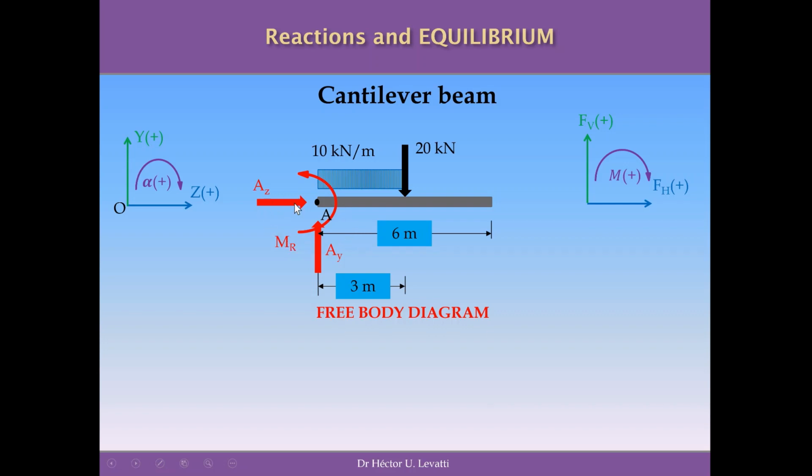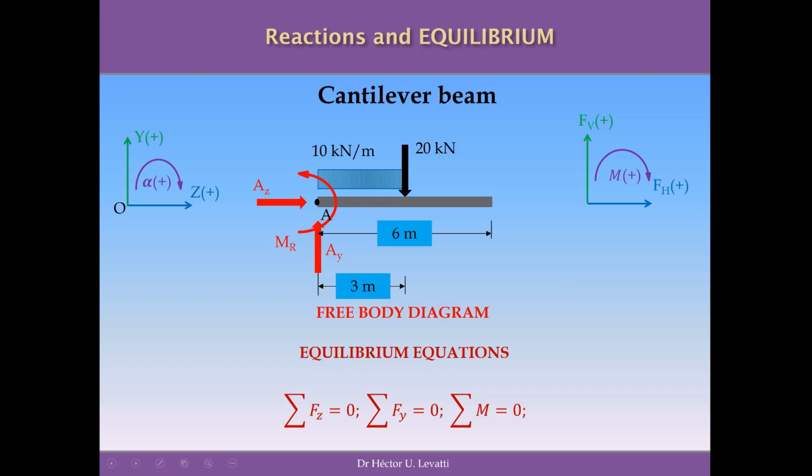I choose to have a positive horizontal reaction, a positive vertical reaction, and a negative moment as a reaction at the fixed support in this particular exercise, because based on my experience and intuition, I think this will be the right sign for the reaction.